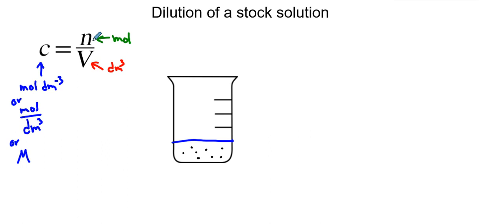If I knew the number of moles and the volume of the water, I could calculate the concentration. So if I were to do this for my dilution, this would be my initial condition. So this would be my initial concentration, I'll call it C1. This would be my initial number of moles of the solute, not the solvent, which is usually going to be water, and the initial volume.